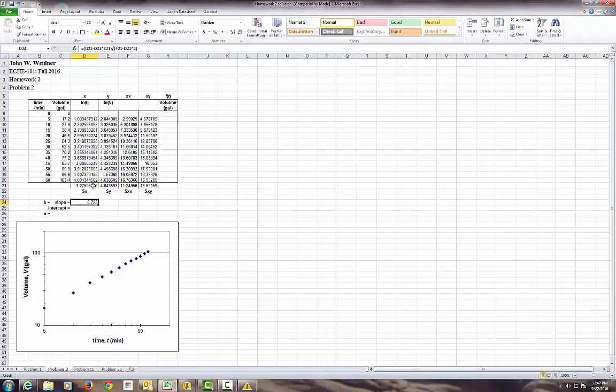And my slope is 0.723, which is the reason it looked fairly linear on linear scale, because that slope is close to 1.